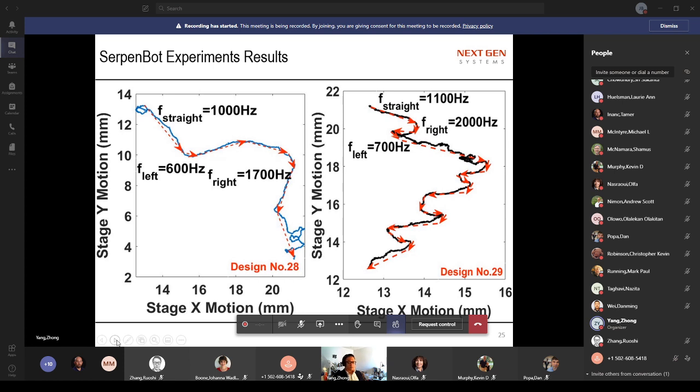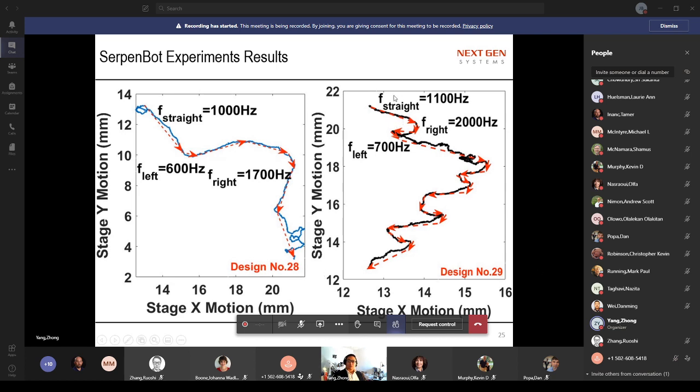Because our microrobot is too tiny. A little change in the spring constant, the weight of the leg, or the weight of the frame brings a significant frequency change. Here we currently found the two best working microrobots, 28 and 29.